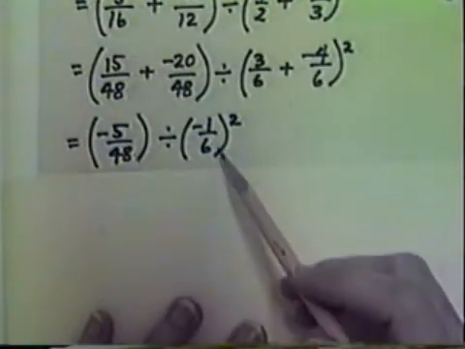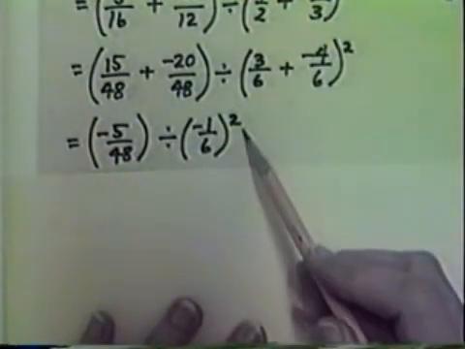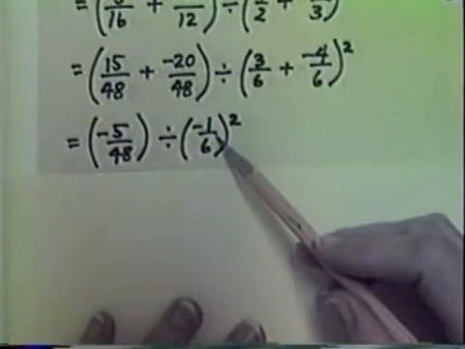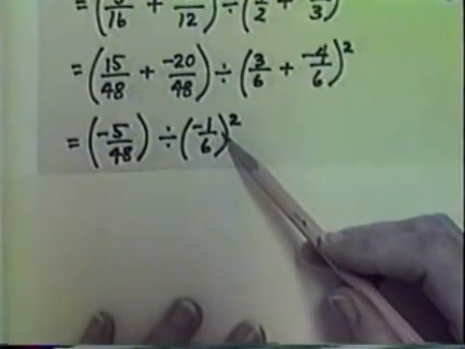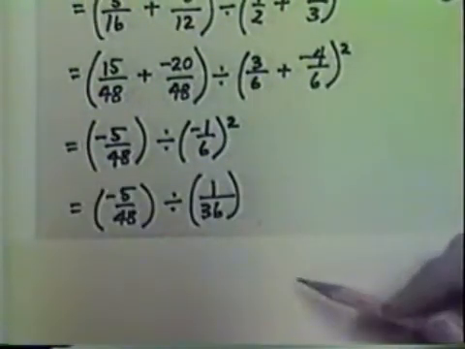Now, we finished what's inside each set of parentheses. We now have divide and exponent, which is done first. It's the exponent's turn. We square the -1/6 by multiplying -1/6 times -1/6, and that gives us positive 1/36.